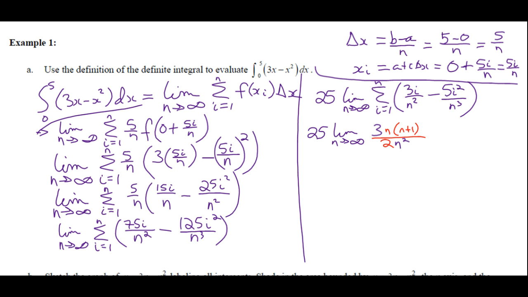That's off the formula sheet: the sum of i equals 1 to n of i is n times n plus 1 over 2. Minus 5. Now we're doing i squared, and the sum of i squared is n times n plus 1 times 2n plus 1 over 6. And then we've got the n cubed.